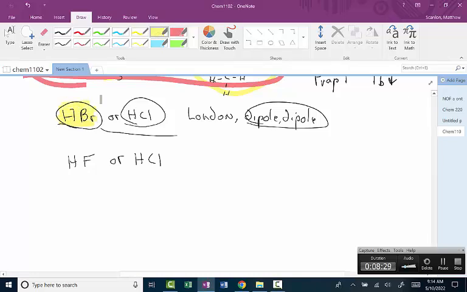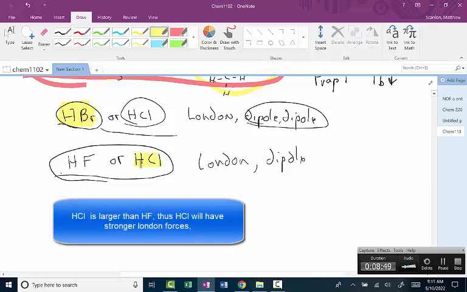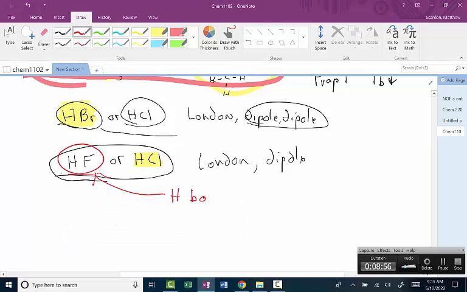Now when we do this one, HF or HCl, we note that they both have London and dipole, and so you might think that HCl, since it's bigger, has stronger intermolecular forces, but HF has hydrogen bonding. So HF has H bonding, and HCl does not. Therefore, HF has the stronger intermolecular forces, so HF will have the higher boiling point.